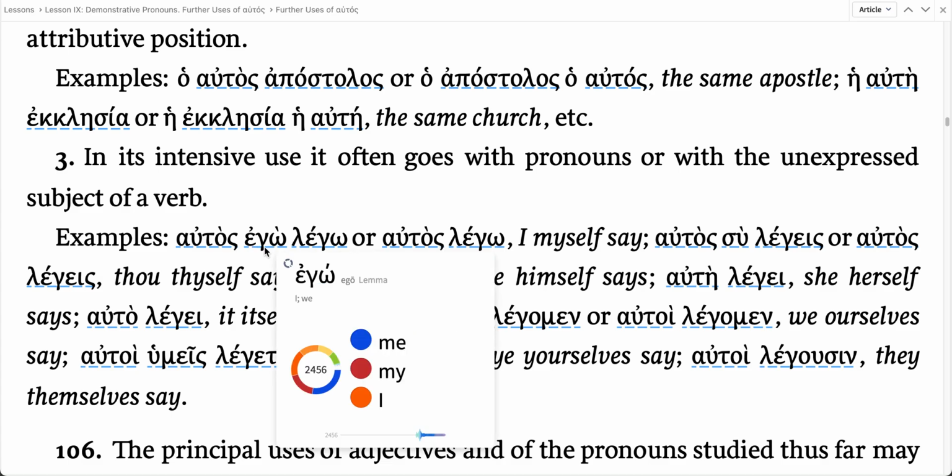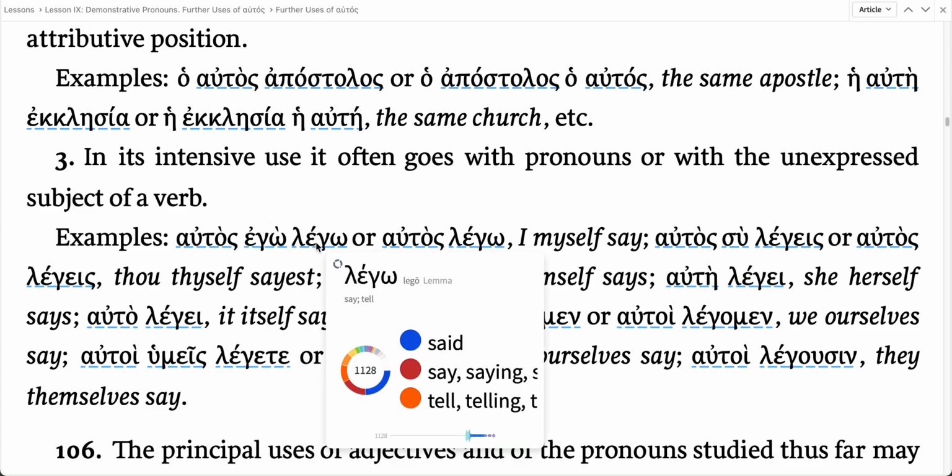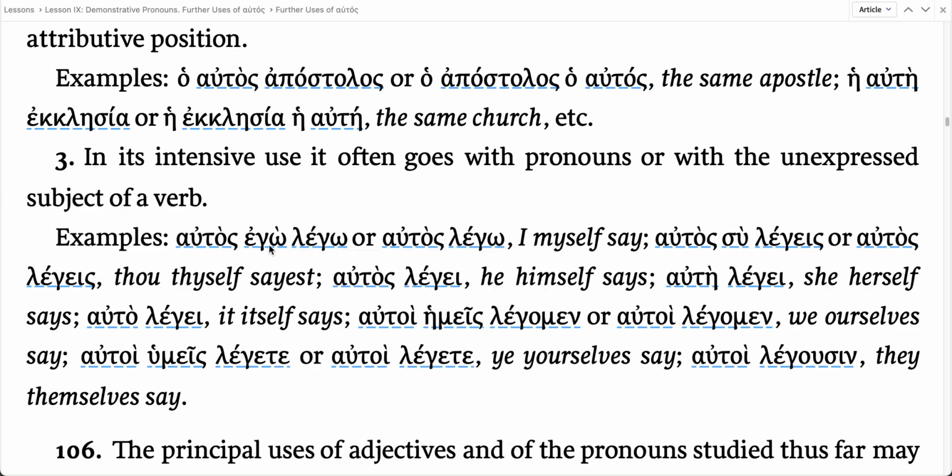Here the pronoun is expressed. This is unexpressed because there's no pronoun here, but you can see it either way, and it's I myself say. So when you see αὐτός attached to a verb or the pronoun of the verb, if it's expressed, it's I myself say. That's a separate kind of intensive use. αὐτὸς σὺ λέγεις, you singular.